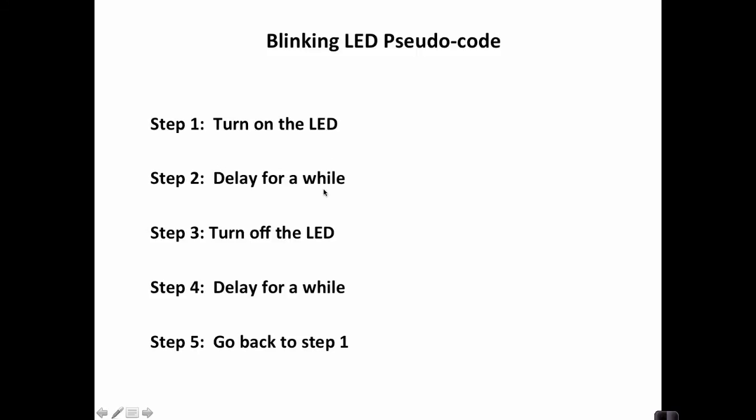There are several ways to do this, but probably the simplest way, which we'll use for now, is just to go into a loop for 1,000,000 times or something like that. And that'll slow you down in between turning the LED on and off. How do you loop for 1,000,000 times? Well, you know how the branch instruction works.